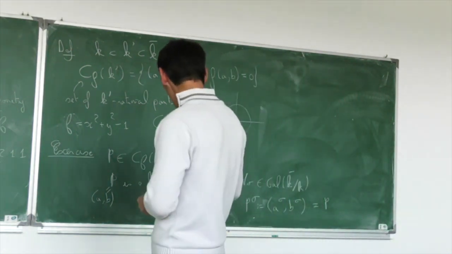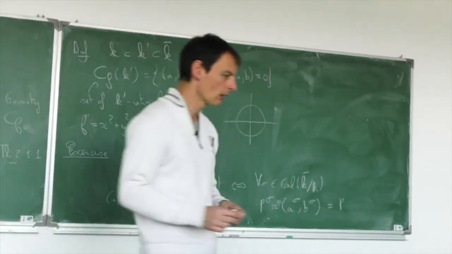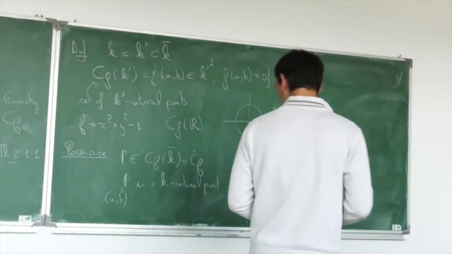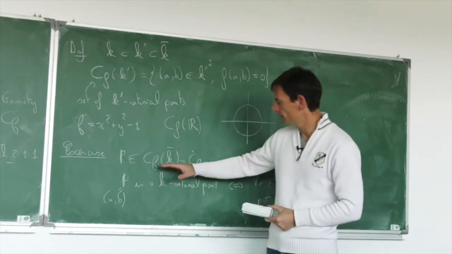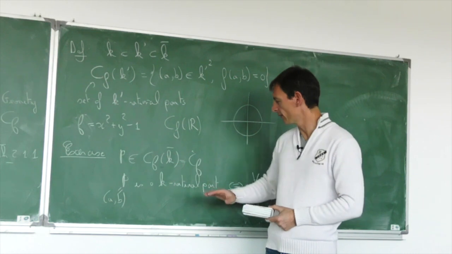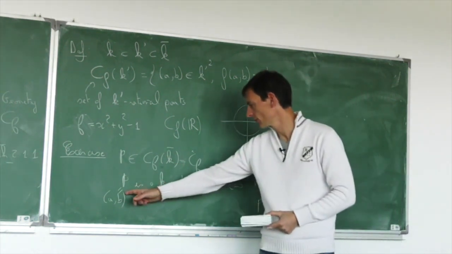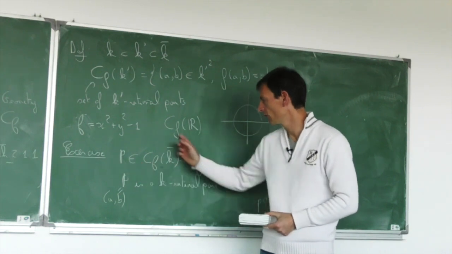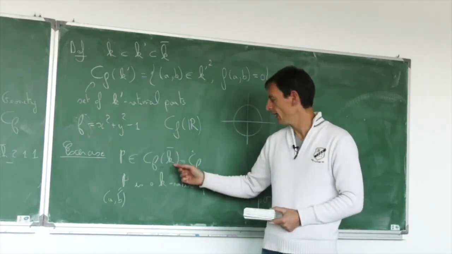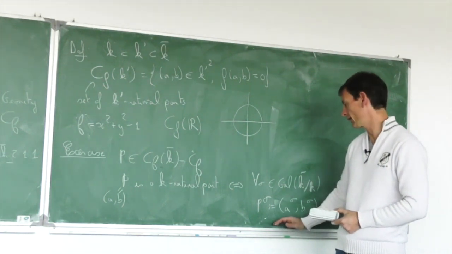And so why do I state this exercise here? Because I think it shows you that somehow studying rational points on a curve is doing geometry. Okay? You take all the points and then you apply some Galois action.